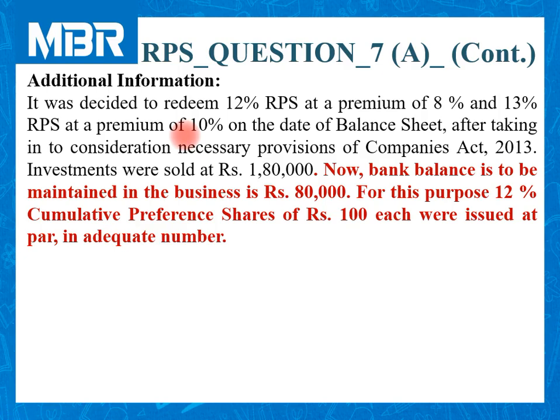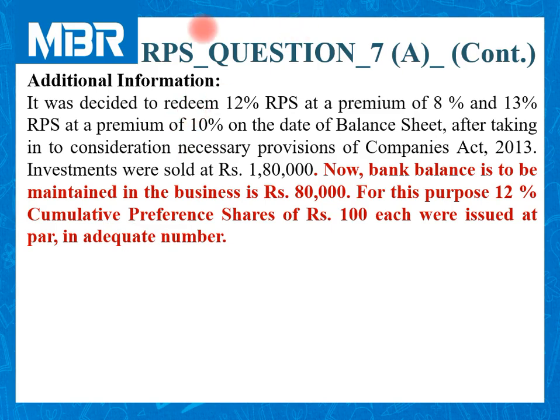Naturally, the company is following provisions of Companies Act 2013, as the process of redemption is governed by the Companies Act. The company has sold its investment for rupees 1,80,000, and at the end of the process, the company would like to maintain a bank balance of rupees 80,000.